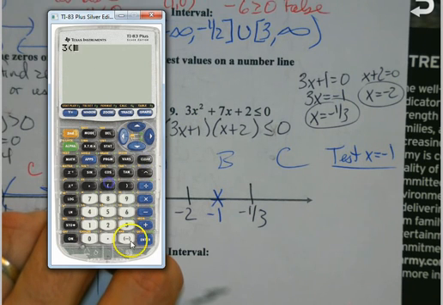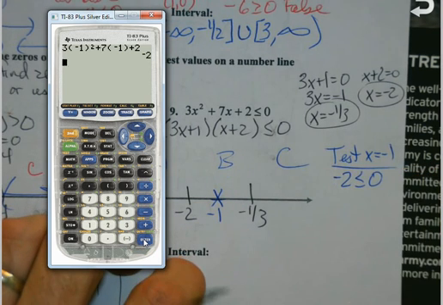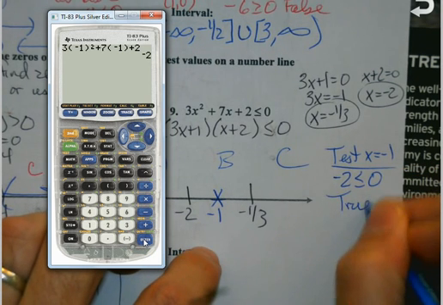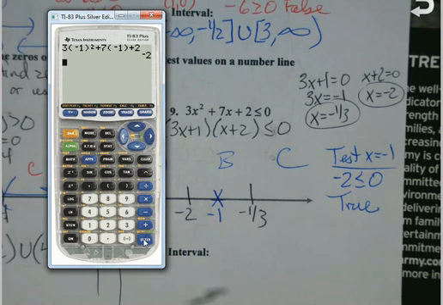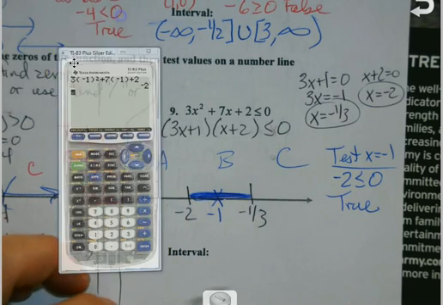So I got 3 times -1 squared, plus 7 times -1 plus 2. Boom. So is -2 less than or equal to 0? Yes. Which tells me section B is the right section. This section right here is where the answer is at.